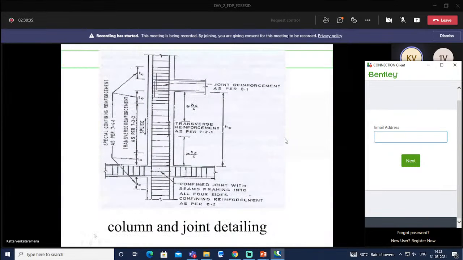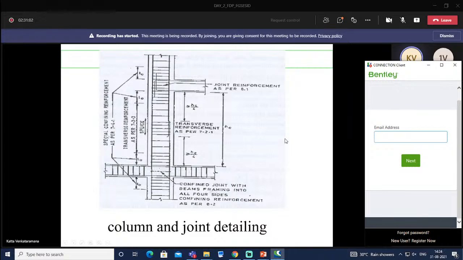And this is column and joint detailing. Even in the case of columns, the lapping specifications are given in IS 13920. Also at the beam column joints, near the face of these joints, we need to provide lateral ties at closer intervals.